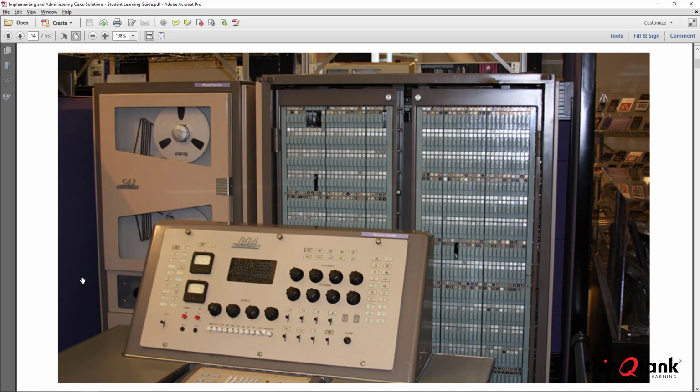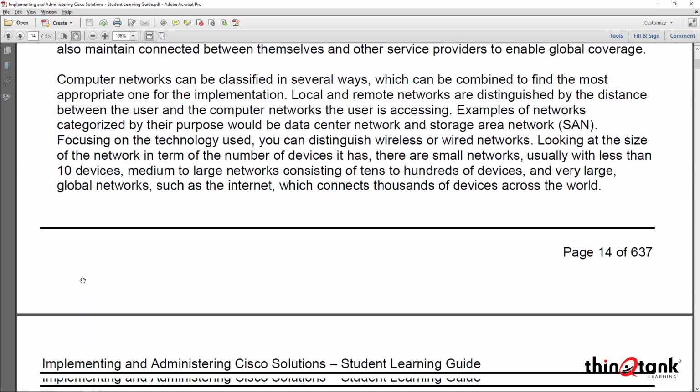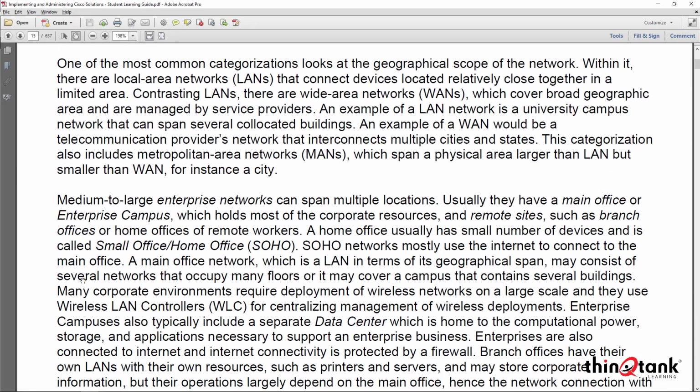I always tell my students it's easy for me to teach you how to implement OSPF or implement EIGRP or implement BGP. It's not as easy to teach you how these things work, how the protocols work, how the algorithms work, how to engineer a solution so that it's as efficient as possible. And computer engineering and network engineering is really what it's all about in that regard. So we'll get into that.